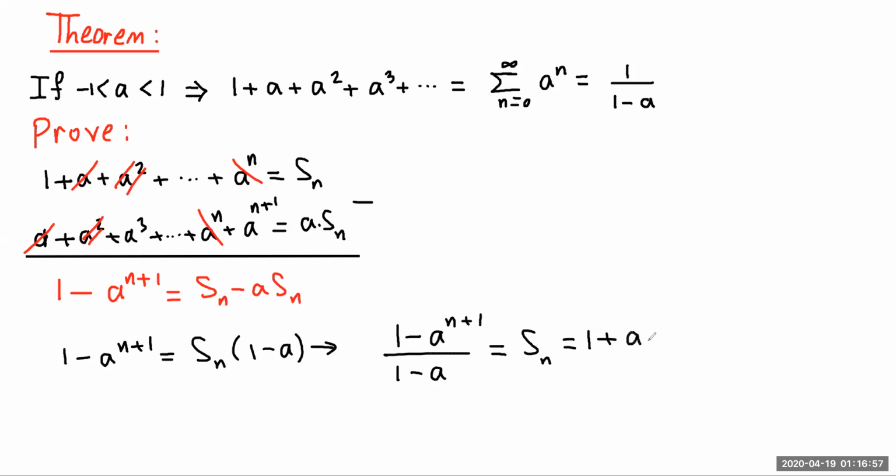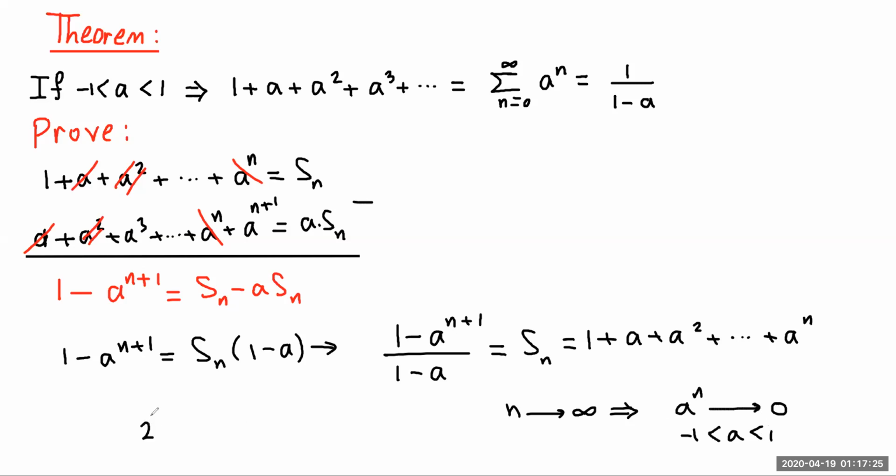Sn is the sum of 1 plus a power 2 plus a power 3 plus up to a power n. Let's take n going to infinity. When n goes to infinity, what is a power n? A power n goes to 0 because a is between minus 1 and 1.